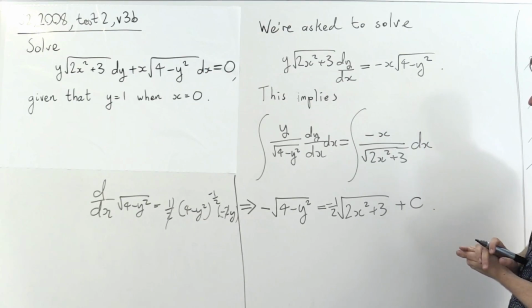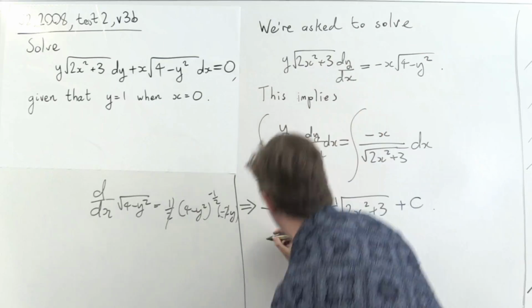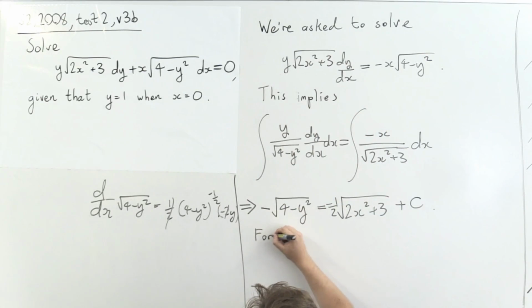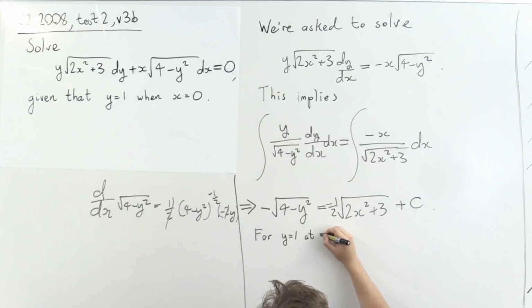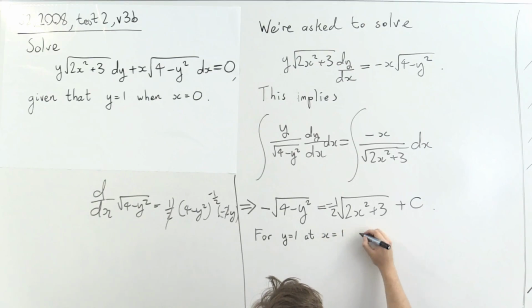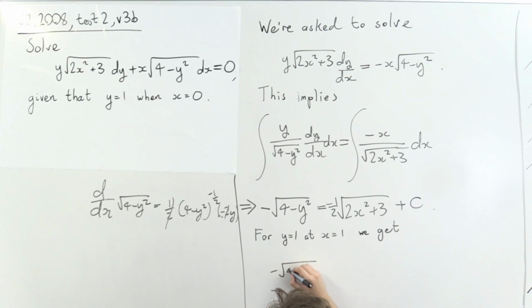And what we'd like to do now is find the solution which corresponds to this initial condition. So for y equals 0 at x, well, I'm going to get minus the square root of 4 minus y squared is equal to minus a, what am I doing? y was equal to 1.